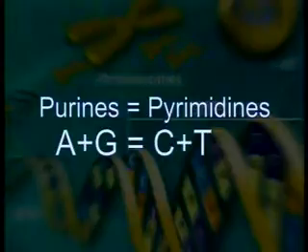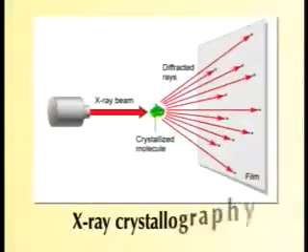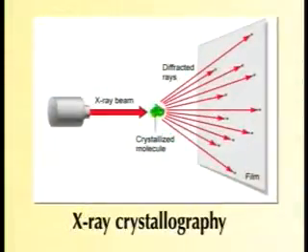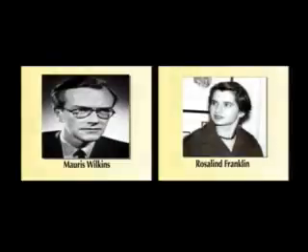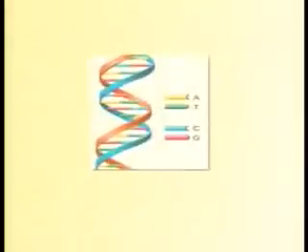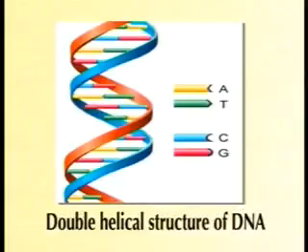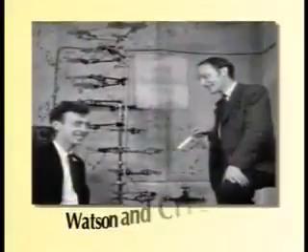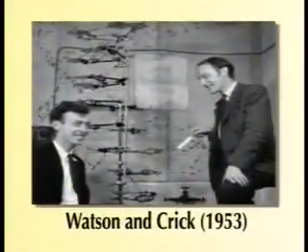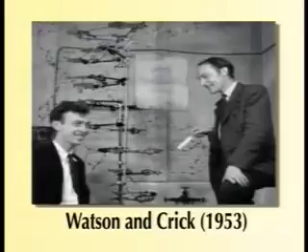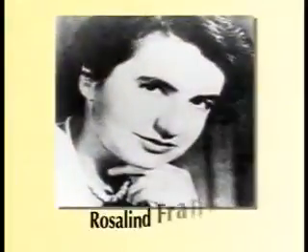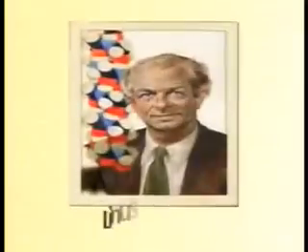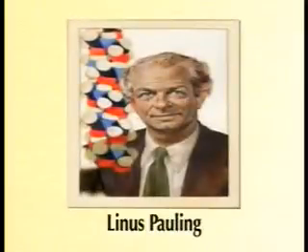Through the use of X-ray crystallography, Wilkins and Franklin determined that DNA was double-stranded and could form a helix. The actual model of the DNA double helix was given by Watson and Crick in 1953, having used the critical information from the work of others such as Rosalind Franklin and Linus Pauling, and by constructing models of their own.